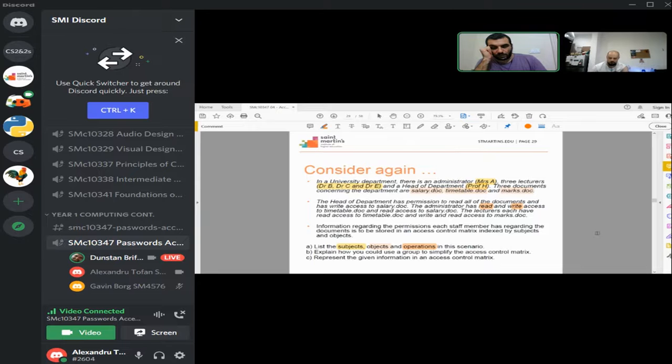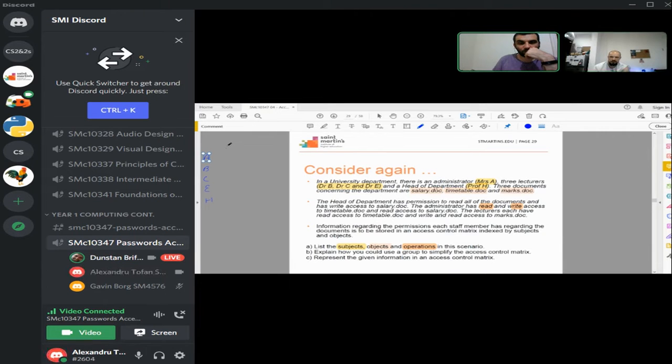Finally, we were asked to represent this in a matrix. If we represent this in a matrix, now this is not going to be very neat from my end, but if we look at it, those are the subjects.